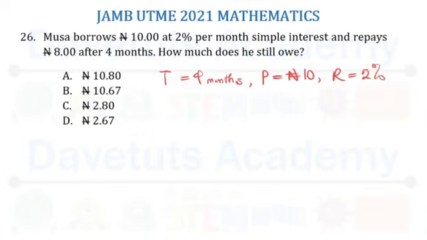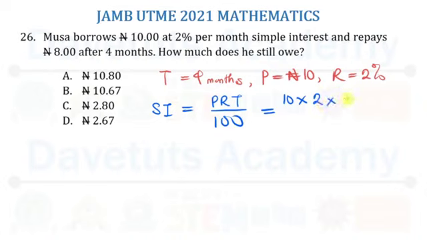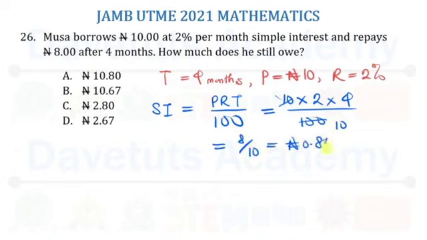So ideally, if you want to look at the formula for simple interest, that is the principal times rate times time over 100. This is what will help us to solve this, because principal was given as 10, rate as 2%, time as 4. Dividing this by 100, we have 8 over 10. The simple interest is 8 over 10, and that is 0.8 naira.